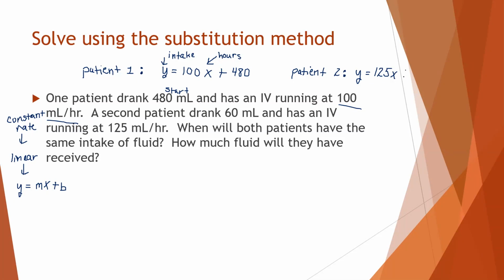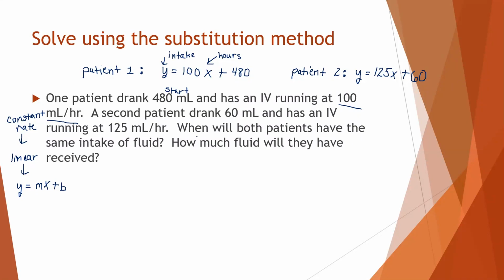And then they started off by drinking 60 milliliters, so that is my b, or my starting amount, in my equation. So we actually have done, in my opinion, the hardest work, which is writing the equations. From here, we have some algebra. We do have to pay attention to detail, but the algebra works in a very similar manner every problem.